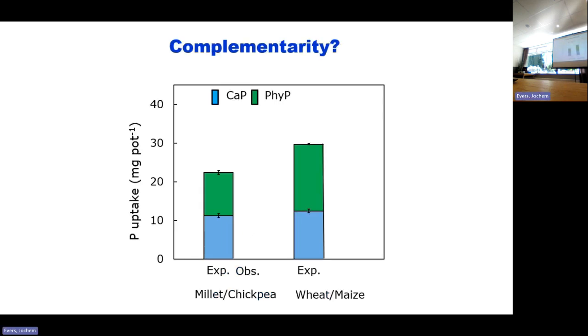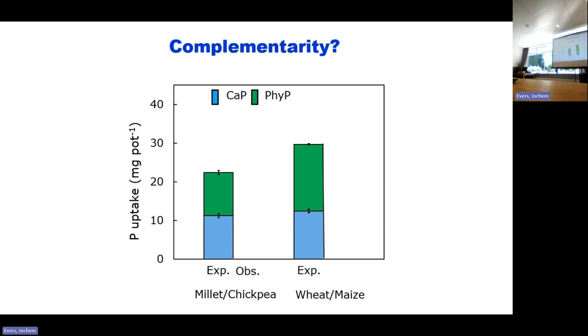Is there complementarity? These two bars are the expected values for millet and chickpea growing on single calcium P and phytate P. And we also did control treatments with wheat and maize.